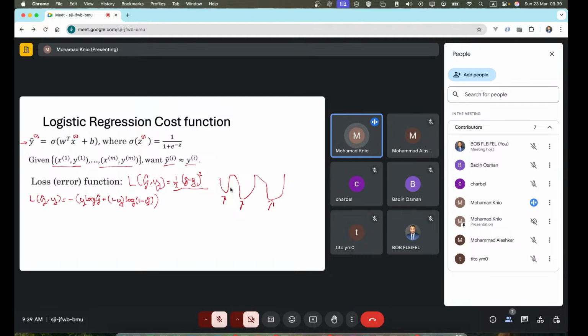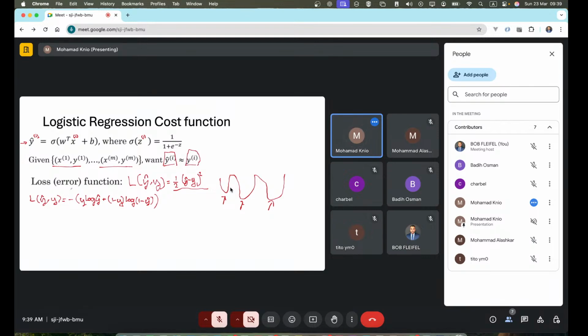Most of the algorithms that you use have a loss function already defined, which you can search for on the internet. And again, as we said earlier, we need the loss function to be as low as possible, since it is the difference between the prediction and the truth label.